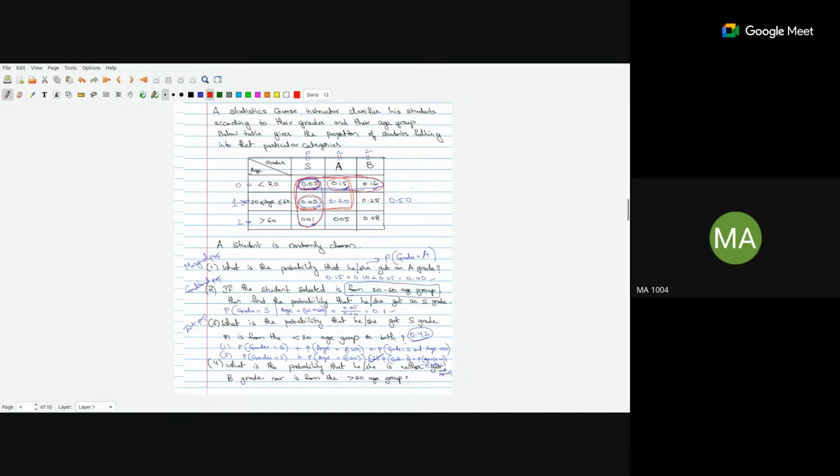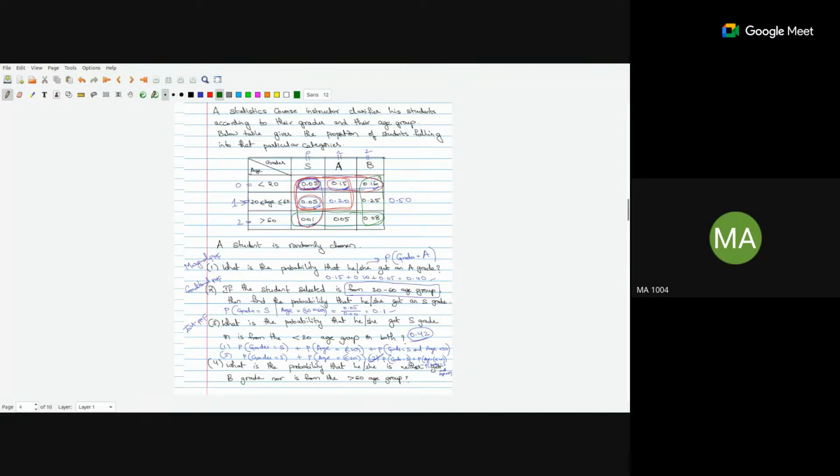You should identify the cells which are neither B grade nor from the age group greater than 60. So the grade B column is this, and I don't want this. Age greater than 60 is this. Even this I don't want.